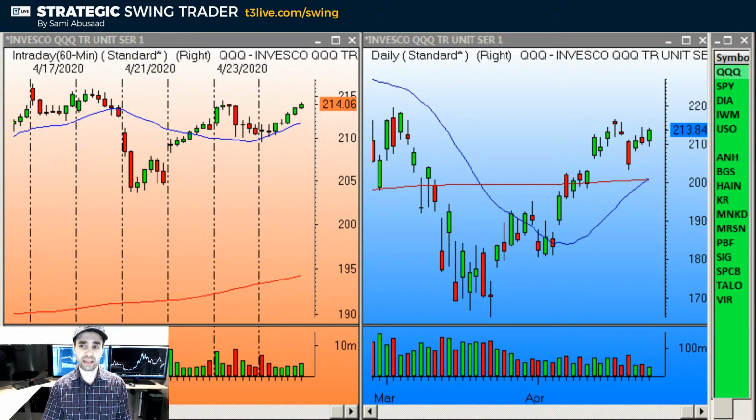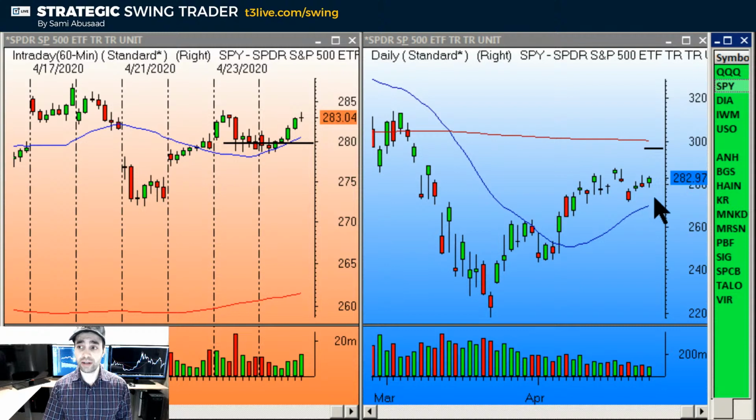Unless we break under, on the Qs, 209.50. Very easy. So barring a break of 209.50, I'm going to continue to be bullish next week. Again, barring a break of that pivot, I'm going to continue to be bullish. The SPY, exactly the same thing. Barring a break of this pivot, the bias should be bullish.